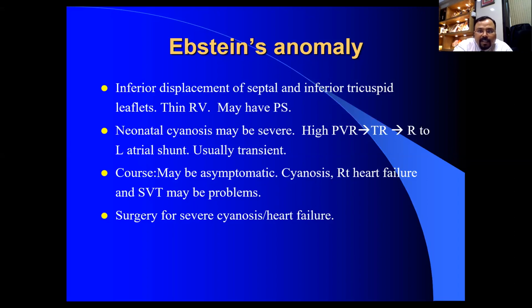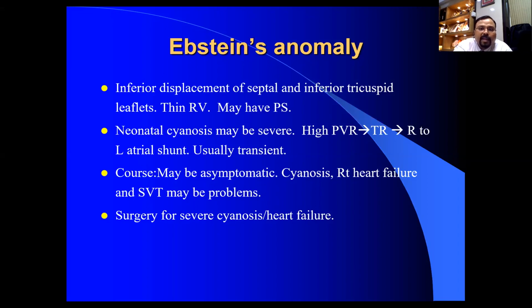So there will be severe TR with right to left shunt at atrial level, which is usually transient. So when pulmonary vascular resistance decreases around 2 to 3 weeks of age, at that time you will see a decrease in the severity of cyanosis.